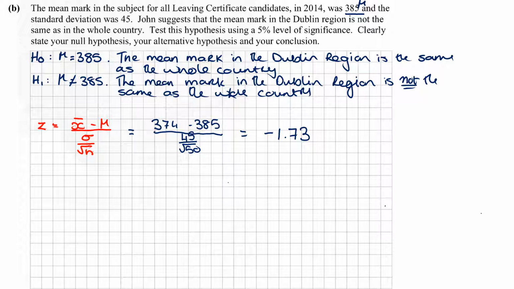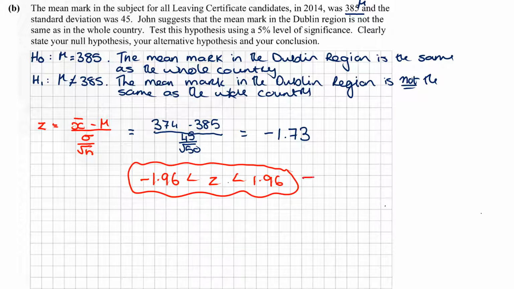Now, to decide whether we accept or reject, we use the idea of minus 1.96 and plus 1.96. That is where our z sits between, if it is a 5% level of significance.